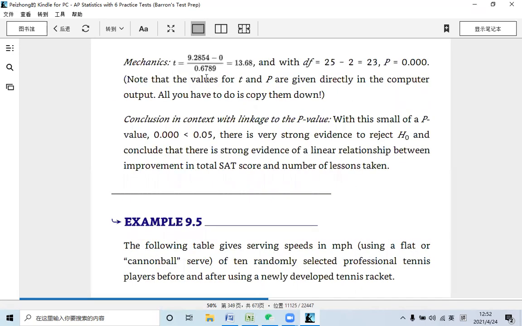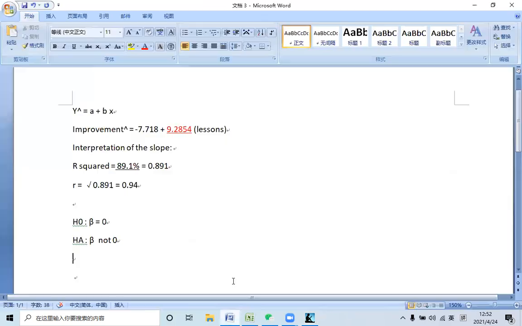Remember, the slope we observe is the observed value, 9.285. Here we observed the slope, based on the people we tested, is 9.28. And the null hypothesis is 0.